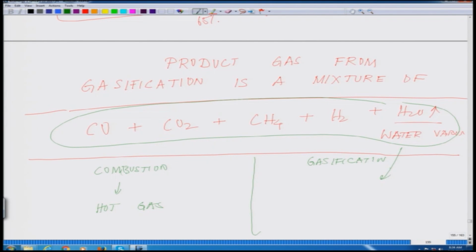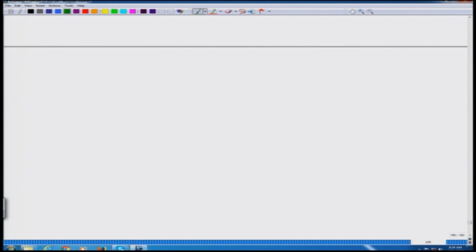So, the amount of product is totally different. And what are the advantages of such things? If you look at the advantages of this gasification process, the gas produced can be standardized. Okay. So, I will close it here. Thank you.